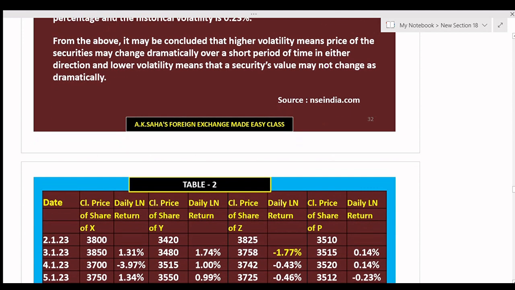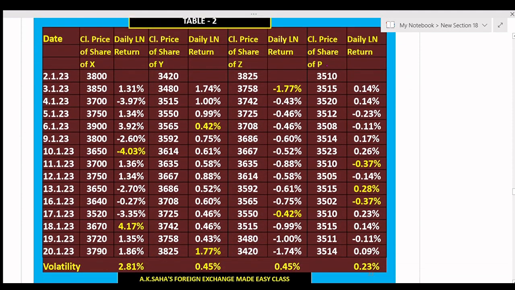Now come to table 2. The date is given and the closing price of X is given, that is 3,800, 3,800, 3,850, and next it comes down to 3,700 and so on.